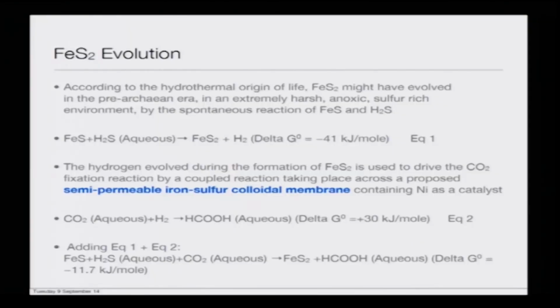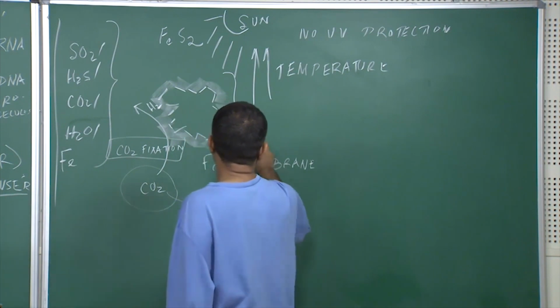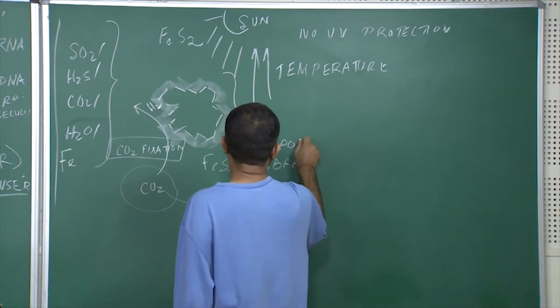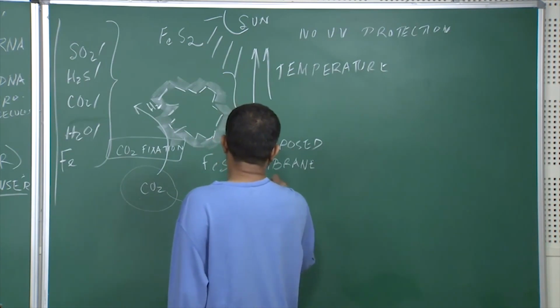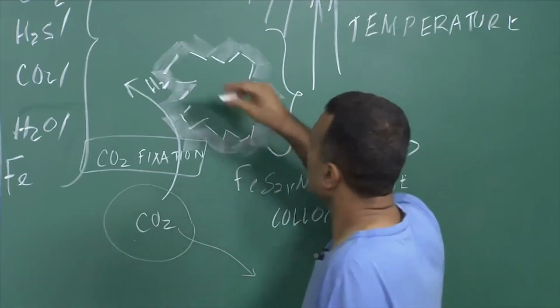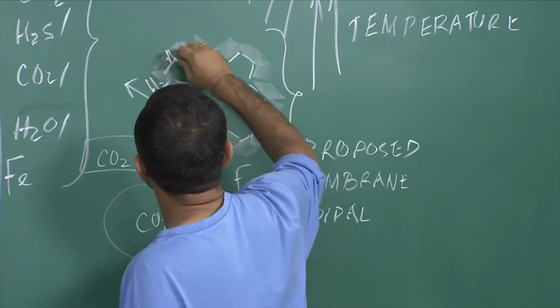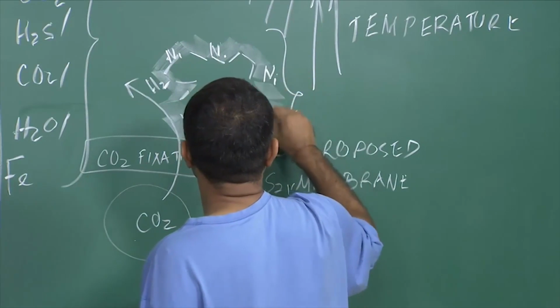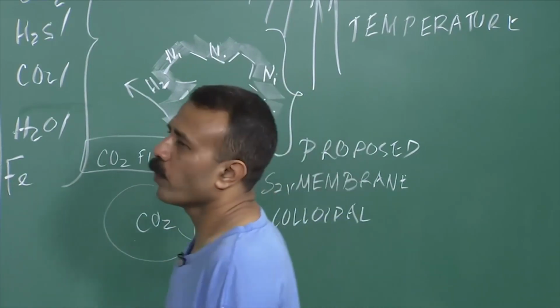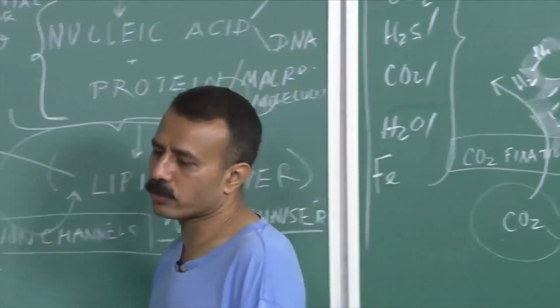Okay. Coming back to the slide, the hydrogen evolved during the formation of FeS2 is used to drive CO2 fixation by a coupled reaction taking place across the proposed semi-permeable iron sulfur colloidal membrane. So, this is that proposed iron sulfur colloidal membrane, and it is believed that this membrane has a lot of nickel ions present, which were catalyzing this reaction.